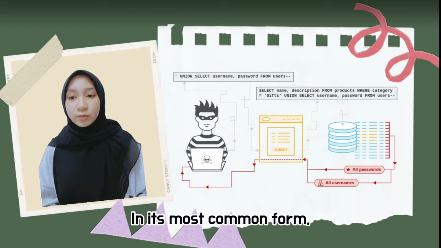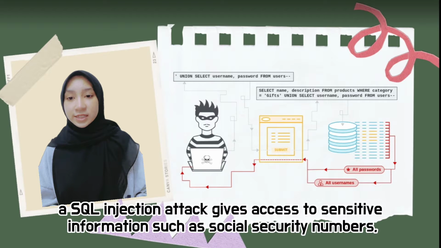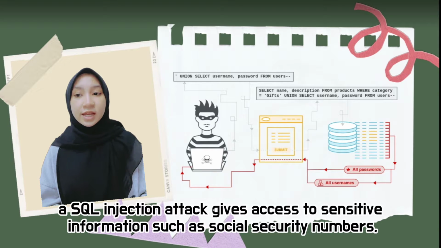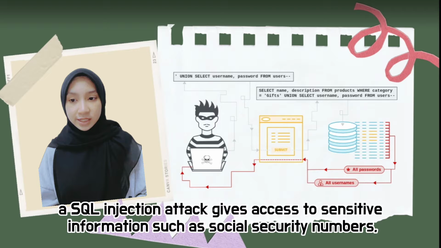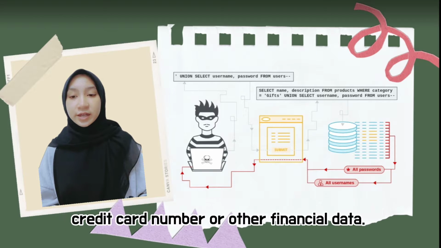In its most common form, a SQL injection attack can give access to sensitive information such as social security numbers, credit card numbers, or other financial data.